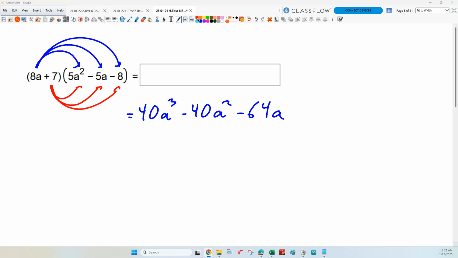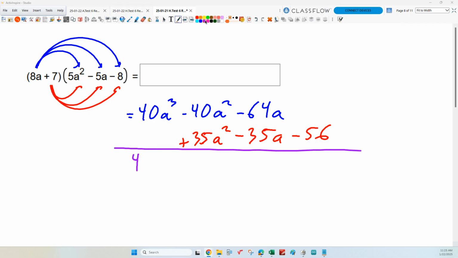Okay, so that goes in the a squared column. 7 times negative 5a. 7 times negative 8. Good. And then all we've got to do is add up like terms.